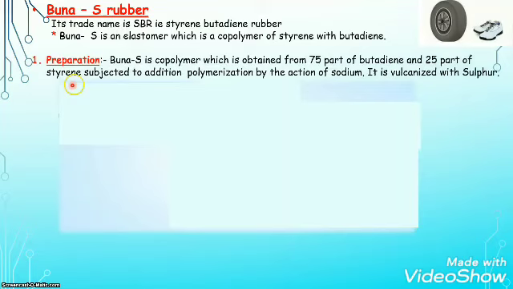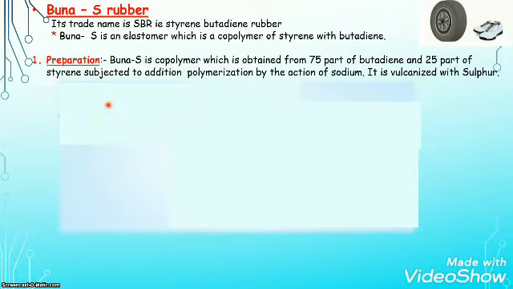Now here is the preparation of Buna S. Buna S is a copolymer obtained from 75% butadiene and 25% styrene, subjected to addition polymerization by the action of sodium. It is vulcanized with rubber. Here is the chemical reaction.